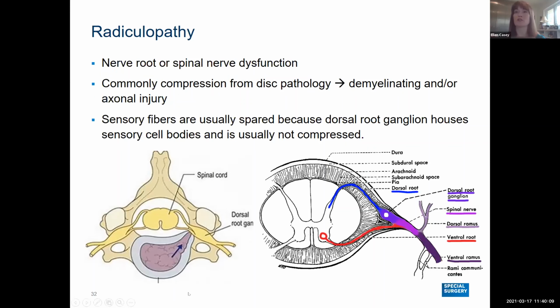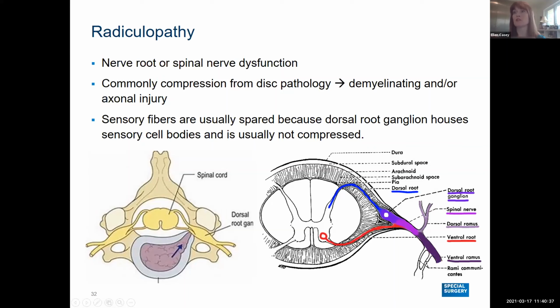And so in these pictures here, you can see this is just a schematic where the disc material is squirting out. And in this picture, it's basically compressing the ventral spinal nerve or the root here. So what you have in the anatomy, this is the spinal cord, and this red portion is going to be the ventral root, which is usually the motor, mostly motor contribution.